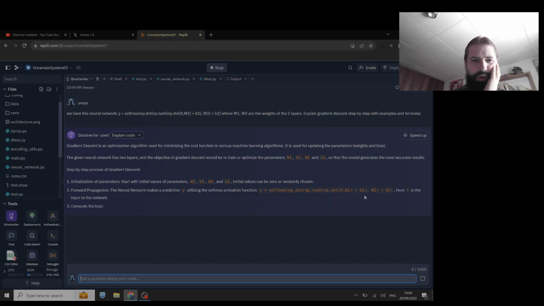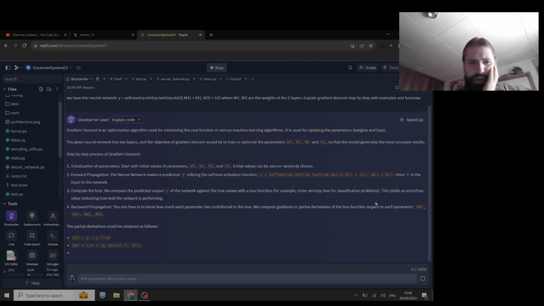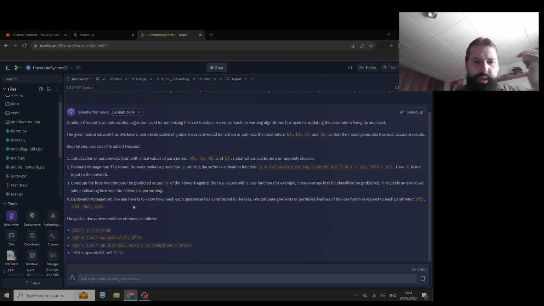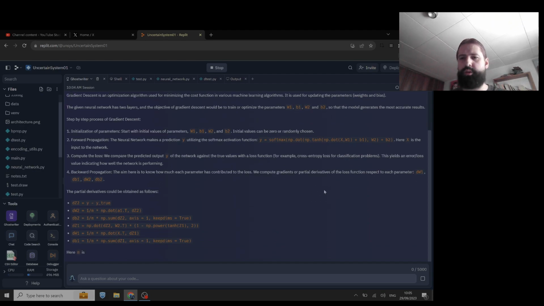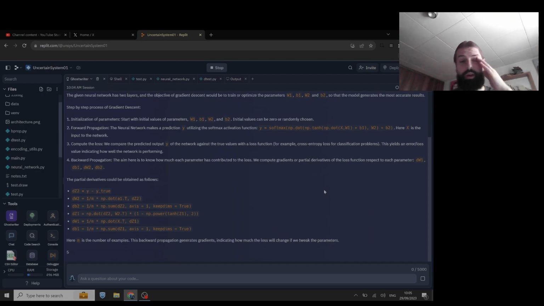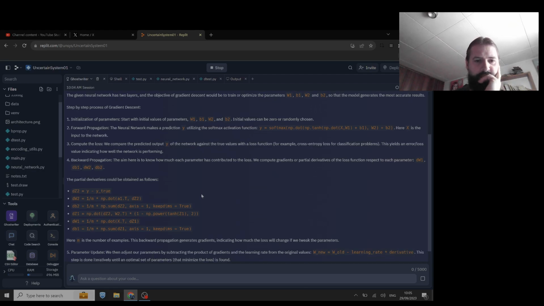So I have the y function, and I'll compute the loss. Backward propagation aims to know how much each parameter has contributed to the loss. We compute gradients, the partial derivatives of the loss function with respect to each parameter, right?